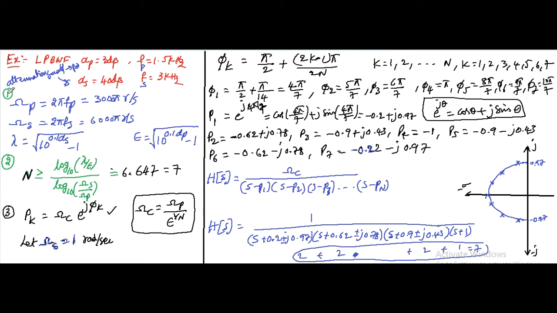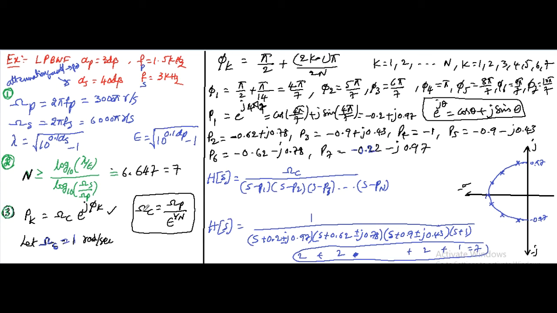First of all, we have to determine these frequencies: passband frequency, stopband frequency, and lambda and epsilon, these parameters. And later try to find the order of the filter using this standard formula. And the third step is to find the poles location.